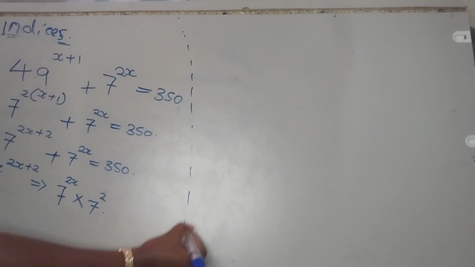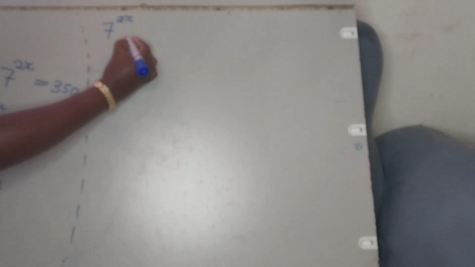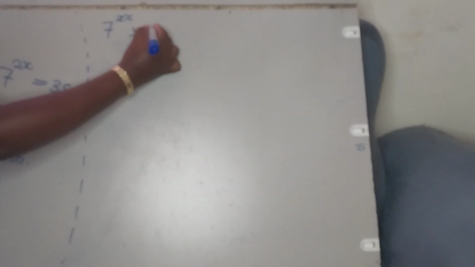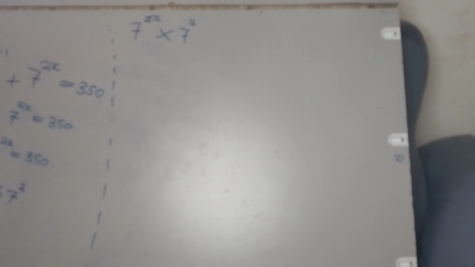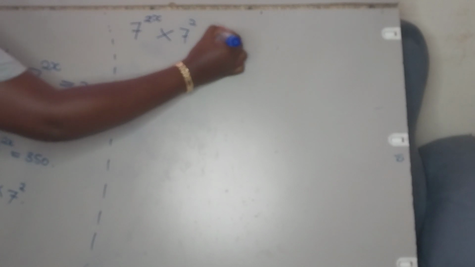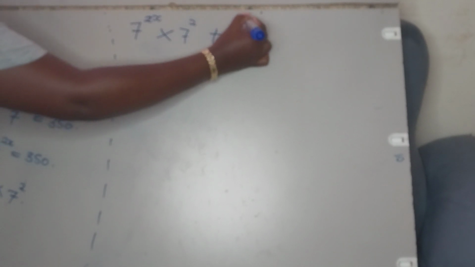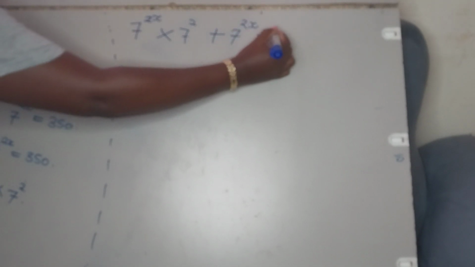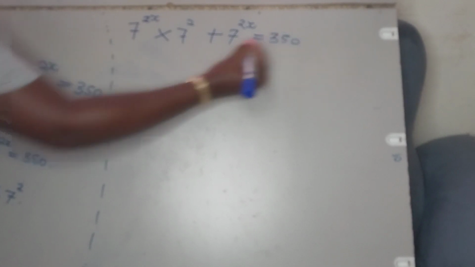Let us see what we'll have. This means we now have 7 to power 2x multiplied by 7 to power 2, which was initially 7 to power 2x plus 2, then plus 7 to power 2x, giving us 350.